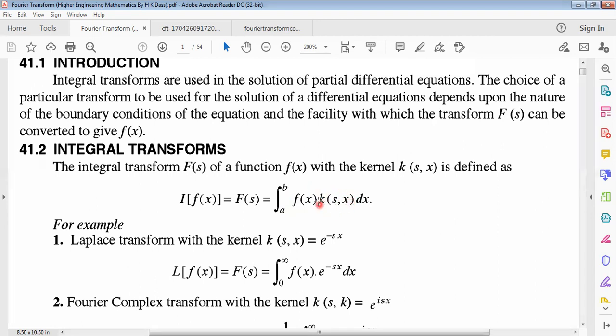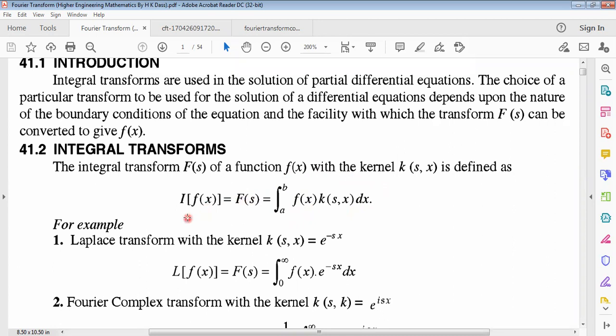This is multiplying the parameter s and x with the mother function, the parent function f(x). So this integration is called the integral transform F(s).